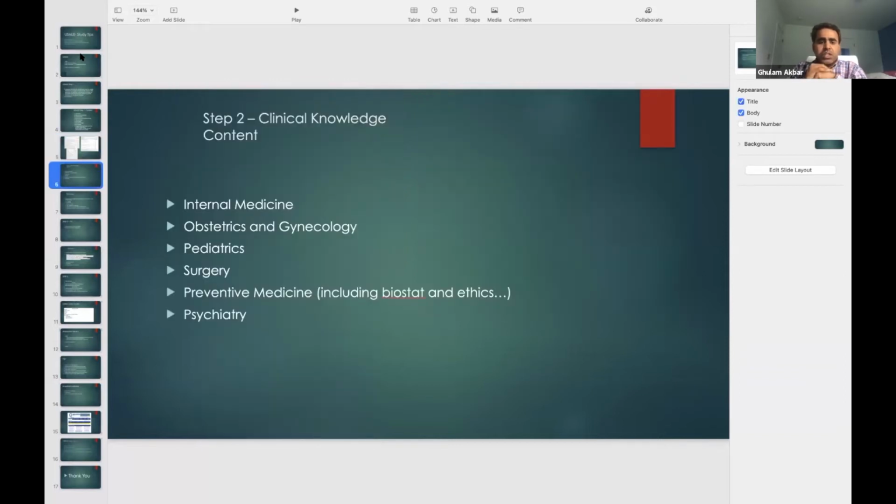CK consists of internal medicine, OB, GYN, pediatrics, some surgery questions, and preventive medicine. Again, biostatistics and ethics come into play, and last but not least is psychiatry.